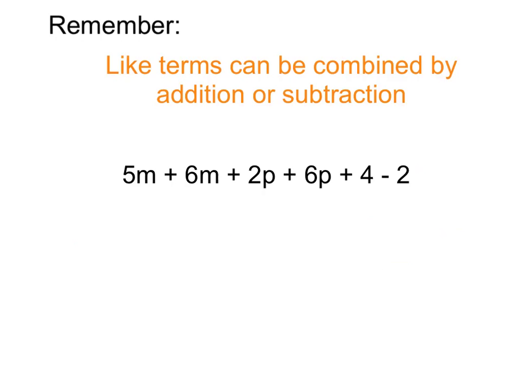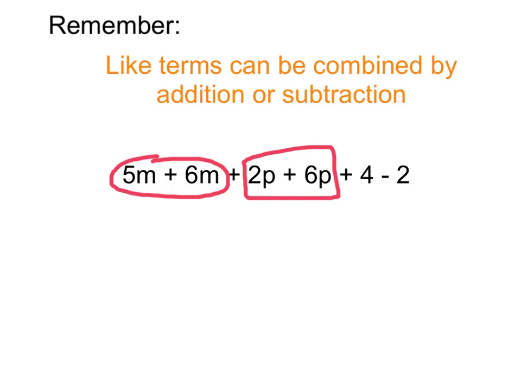Another thing that I need to remember is that like terms can be combined by addition or subtraction. So if I look at my example right here, I see that I have a like term of 5m plus 6m, a like term of 2p plus 6p, and then I also need to remember that my constants of 4 minus 2 are also like terms, and I can subtract those.